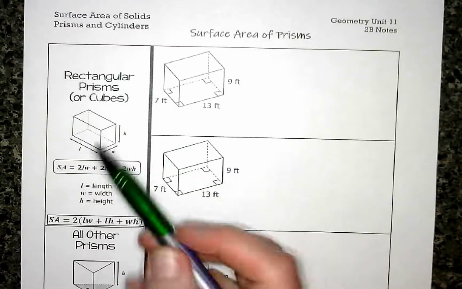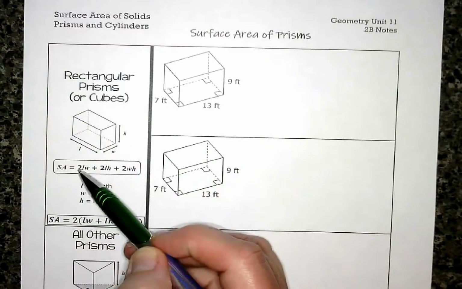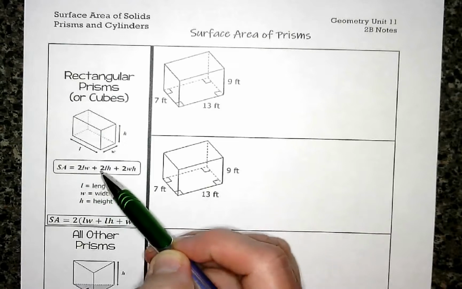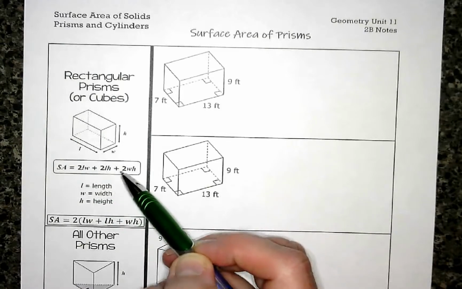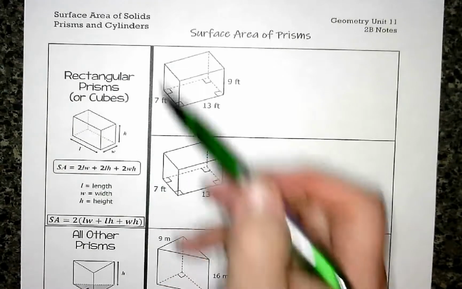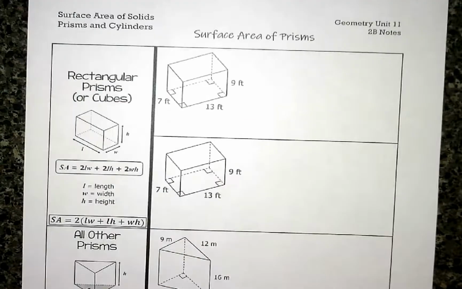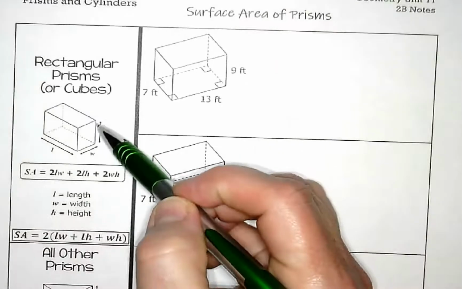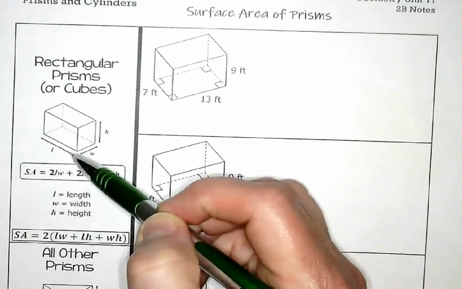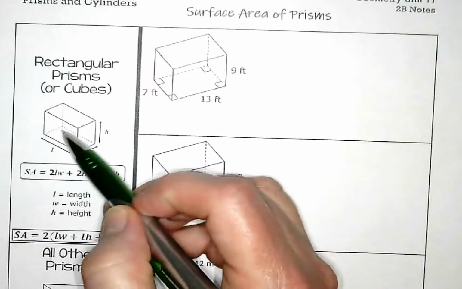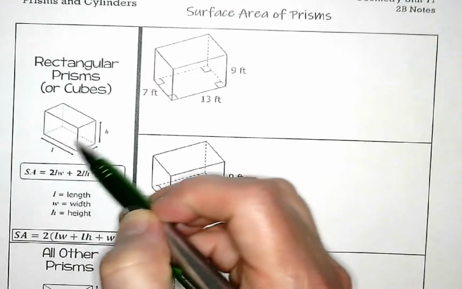Okay, with the formula, the surface area is 2 times the length times the width, plus 2 times the length times the height, plus 2 times the width times the height. Ooh, that's a lot of stuff there, okay? Specifically, I want you to look at this shape here. You can see they have labeled the H and the W and the L. So when they go L times W, that's like the bottom of this box right here.